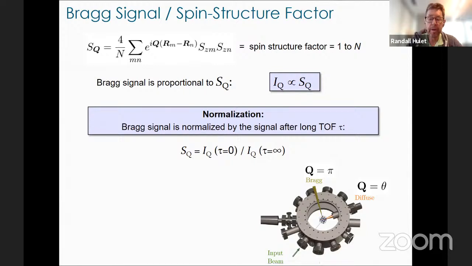In our experiment we worried about that because there is something called canted antiferromagnetism, where it cants out of the plus minus Z basis. So we applied radio frequency to transfer atoms that were along X to Z, and we saw no effect. We concluded that the Z basis was a good basis.